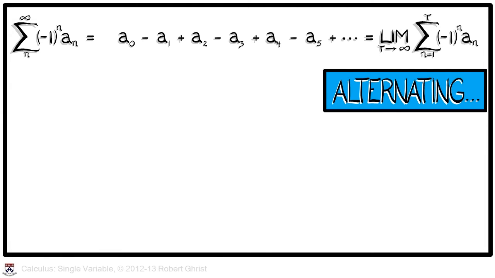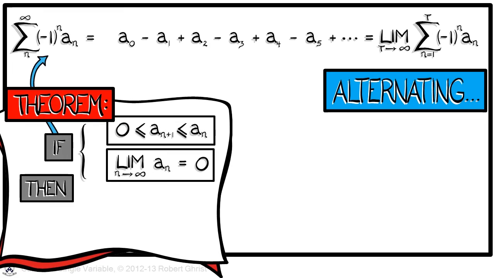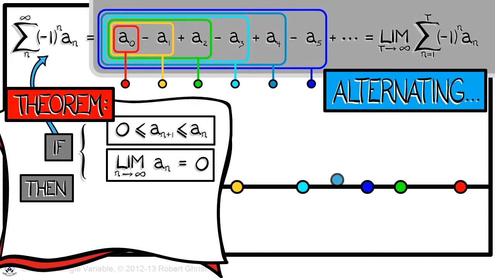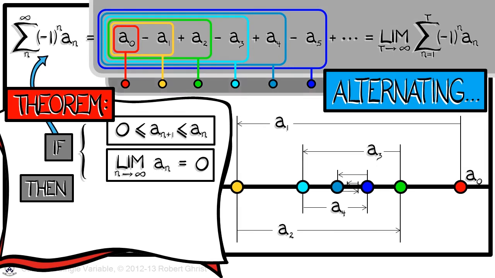Let's consider a series that satisfies the criteria of the alternating series test. That is, the sum of -1 to the n, a sub n, where the a sub n's are positive, decreasing, and limiting to 0. Then remember how this convergence happens. As you take the partial sums, you're always jumping over the true answer to the right and then back to the left because of the alternating nature.